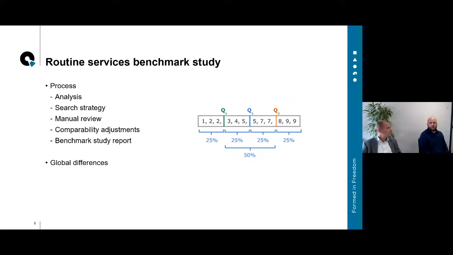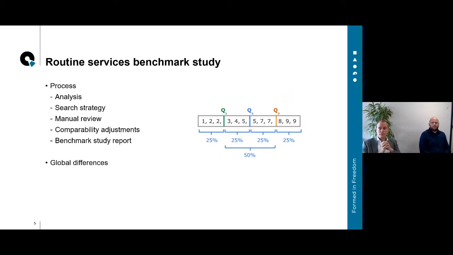Also, industry could be very important, and most important is maybe whether the companies have sufficient data available to perform the actual testing. Once the search strategy is finalized, you go to the manual review, in which we search the websites of the companies to see whether the company is really comparable to our tested party.